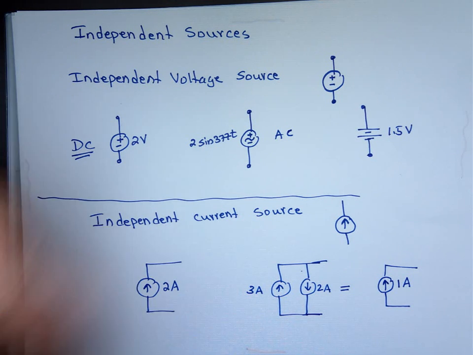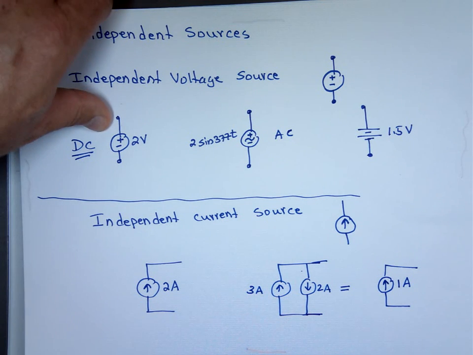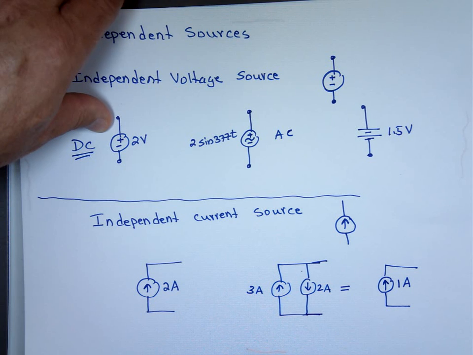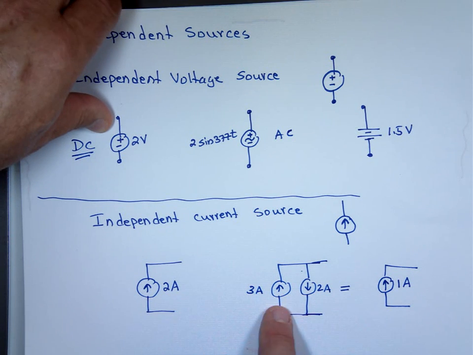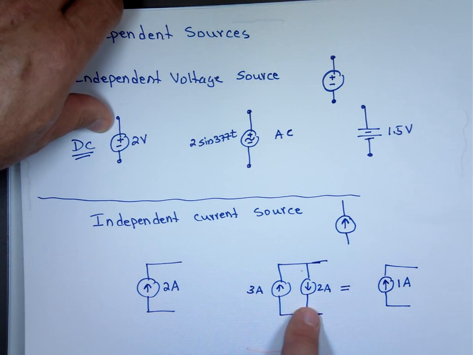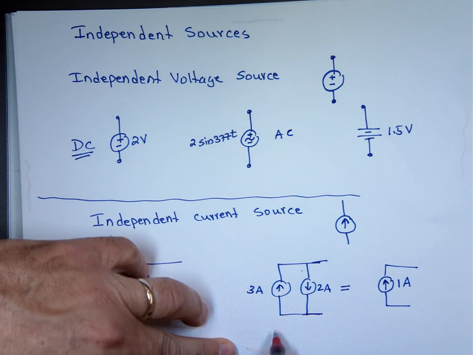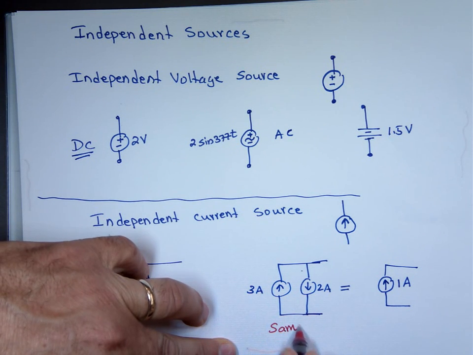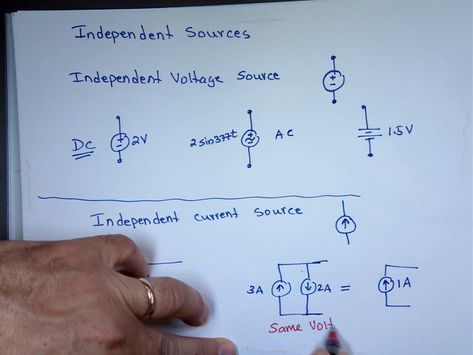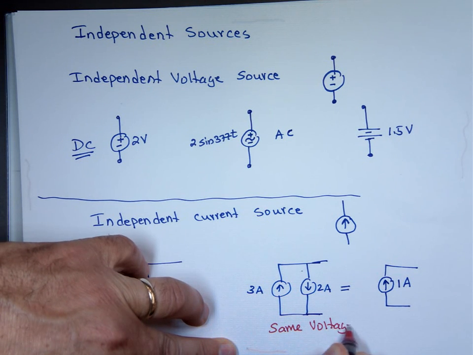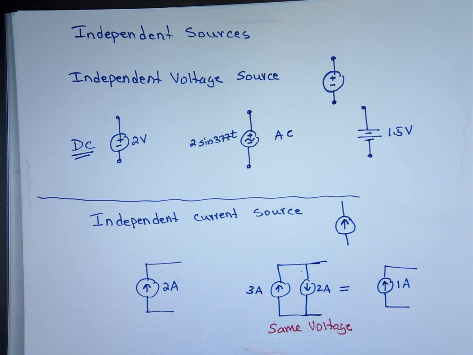If you remember from last class, these are connected in parallel, right? When they're in parallel, they have what? Same voltage. The voltage across them is the same, but the current can be different.